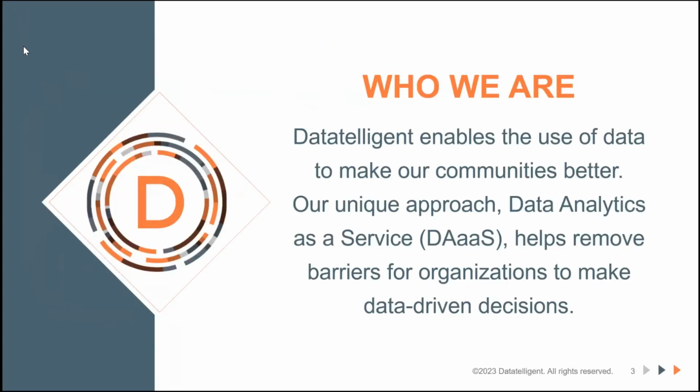Before we get started, I want to give a 2-second background about Datatelligent, who we are and what we do, just so you understand the lens through which we approach things. What Datatelligent does as an organization is use data and AI to make community better. That's a core purpose we have when we think about AI and data solutions. We use a unique approach called data as a service to help organizations like you remove barriers to making better business decisions.